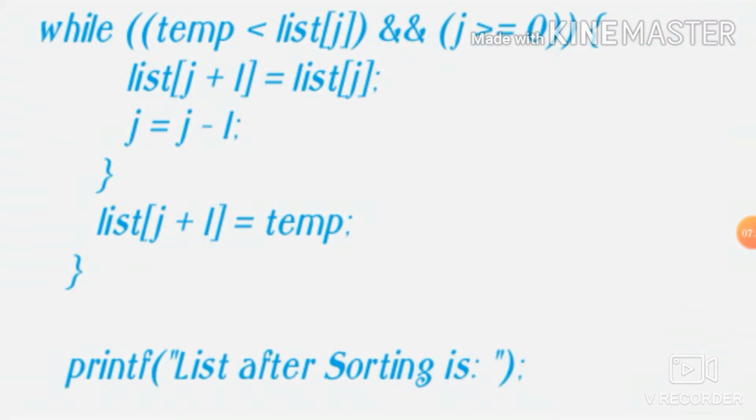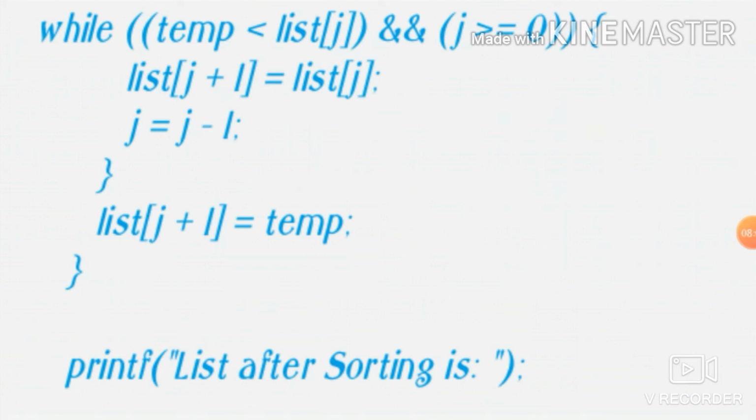Whereas temp, which is the pivot, is less than the preceding value of the pivot, and j must be greater than or equal to 0. Only in these two conditions does it go inside, where list of j is assigned to list of j plus 1, where j is decremented, j equals j minus 1, and then temp is assigned to list of j plus 1.